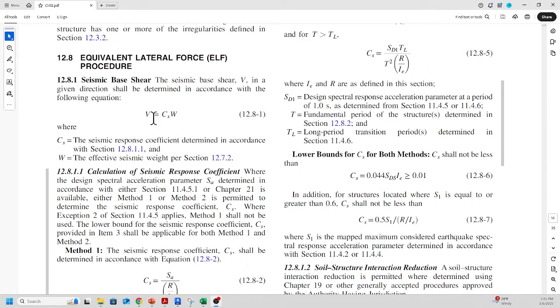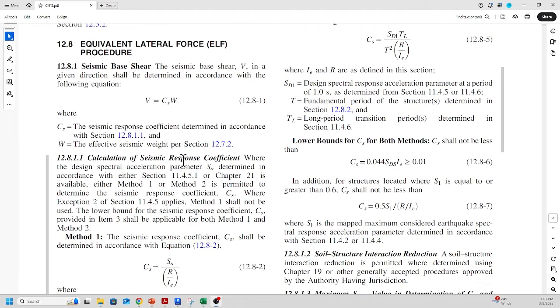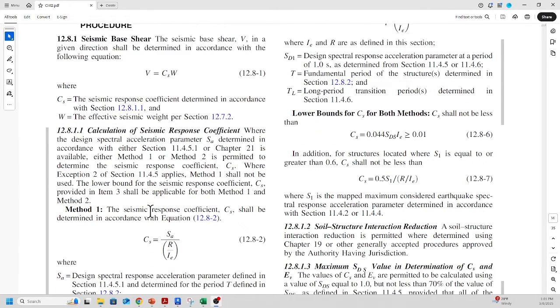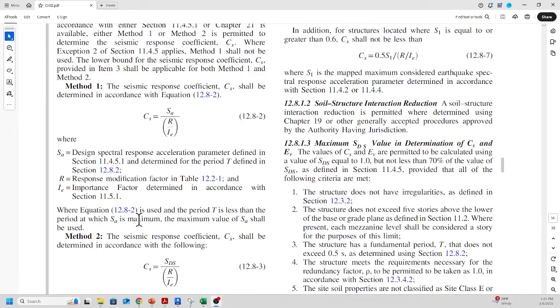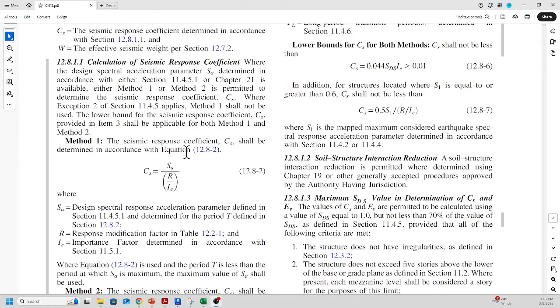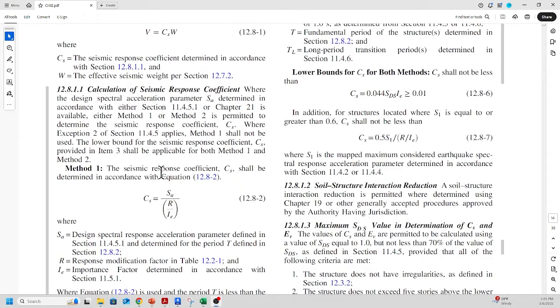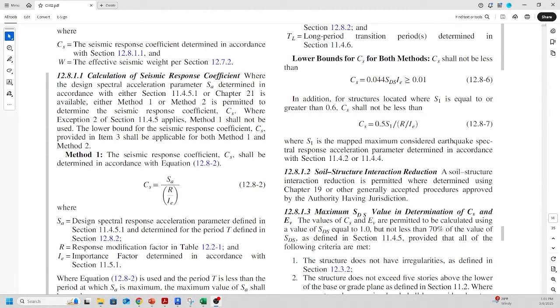We're actually finding V, but we first have to find Cs. There are some limitations here. We have to calculate method 2 first, make sure this is not more than that, and then make sure that we are within certain boundaries. So let's get to work.